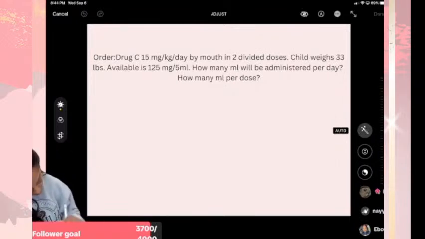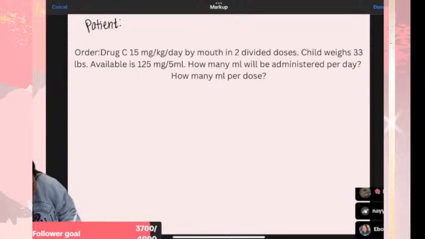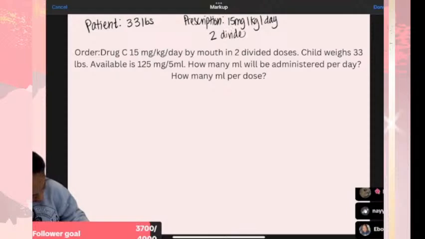Okay, so we know we're looking for what? PPP. So patient is what? 33 pounds. The prescription is 15 milligrams per kg per day in 2 divided doses.